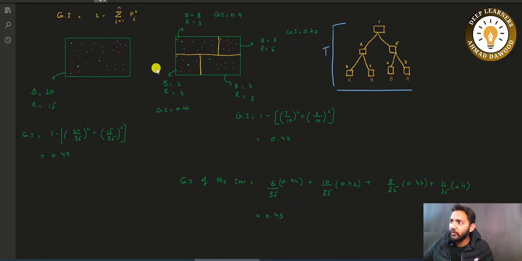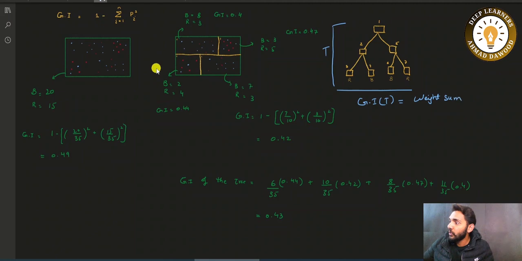There is a very simple formula. The Gini impurity of T, which is the whole tree, is the weighted sum of the Gini impurities of all leaf nodes, or you can say all terminal nodes.